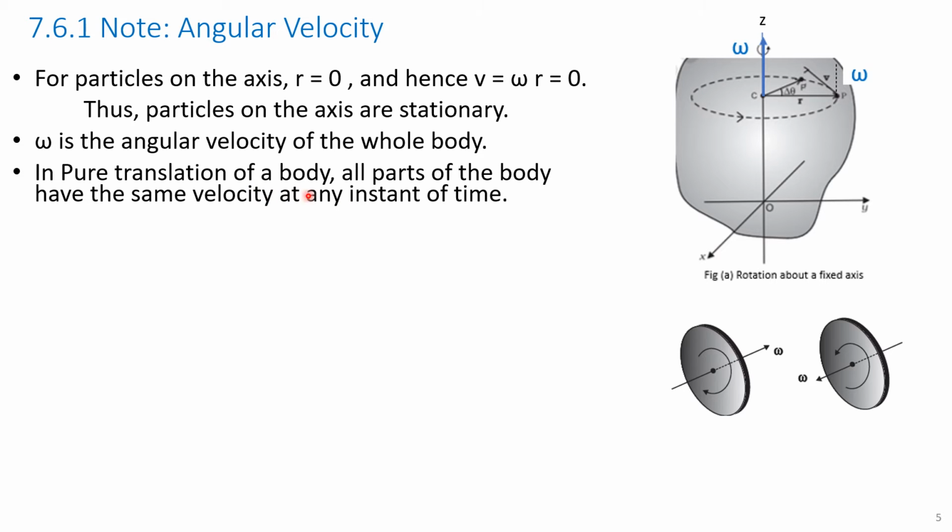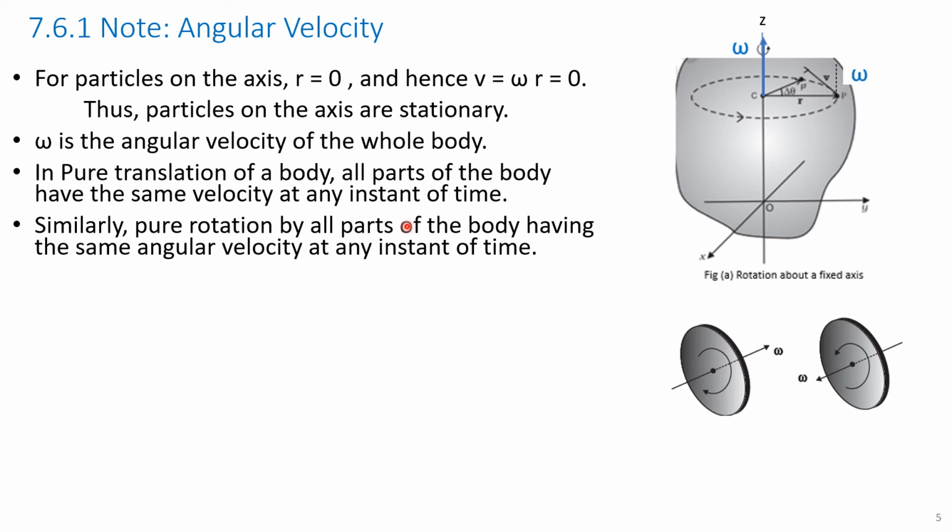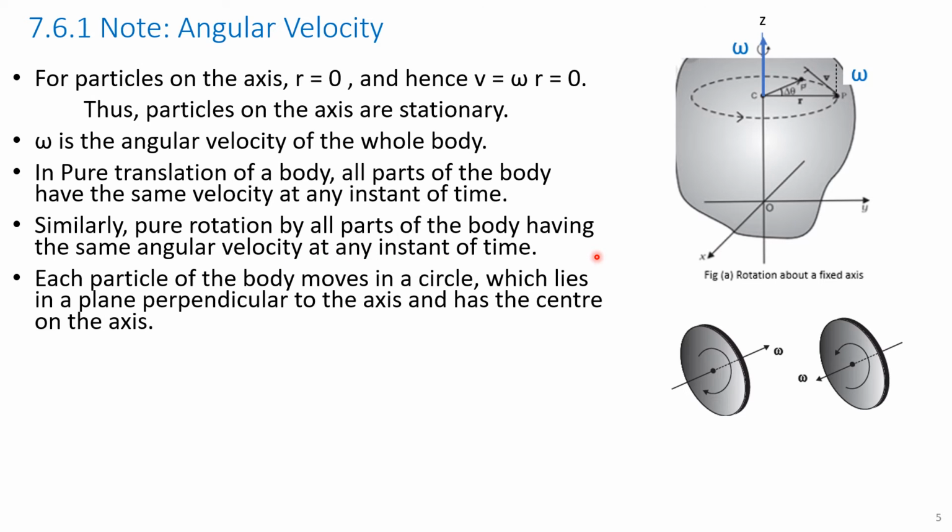In pure translation of a body, all parts of the body have the same velocity at any instant of time. Similarly, in pure rotational motion also, all the particles of the body move with the same angular velocity omega at any instant of time.